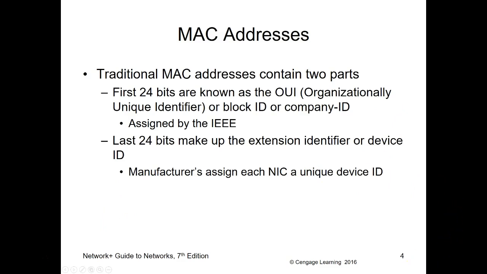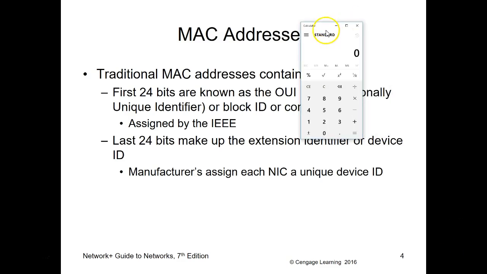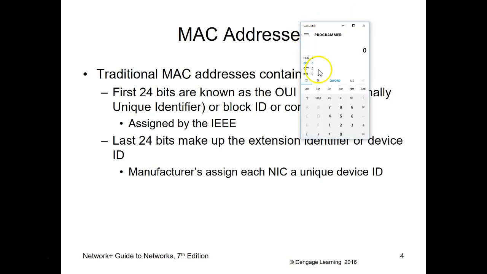So let me pop it up really quickly. If you see this programmer mode, notice if I type in 125, it automatically shows me right there what that would be in the different bases. In hex, that's 7D. In binary, it's 01111101. Well, that's pretty slick.